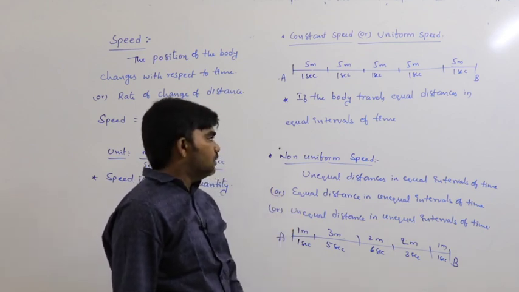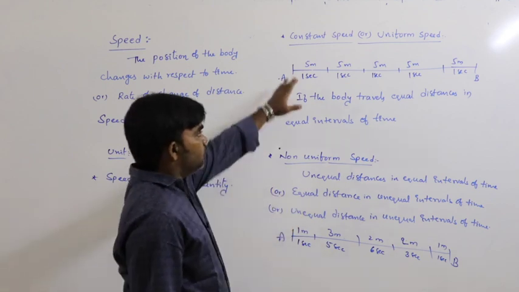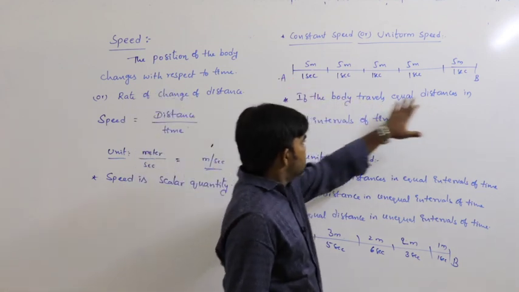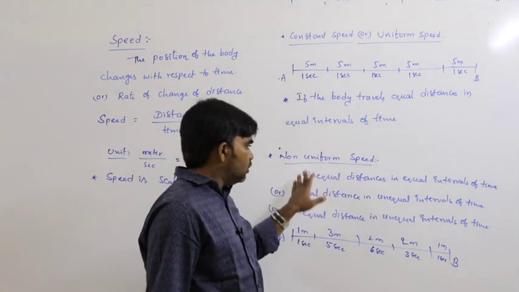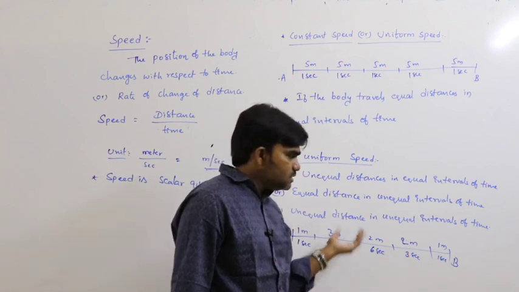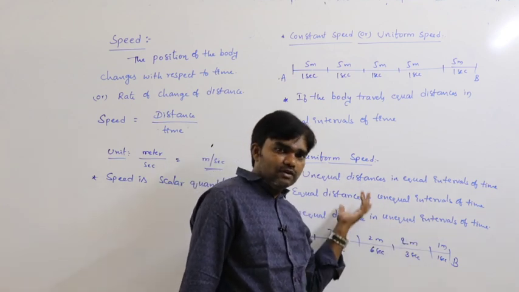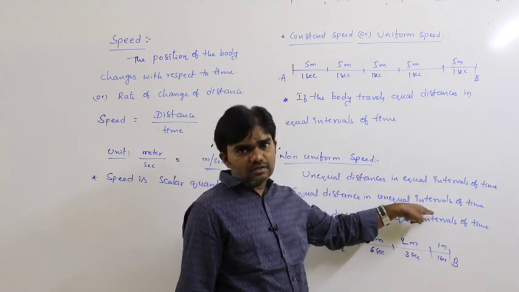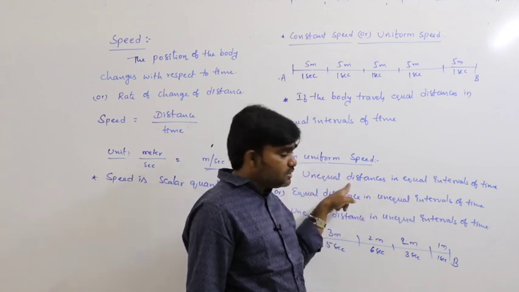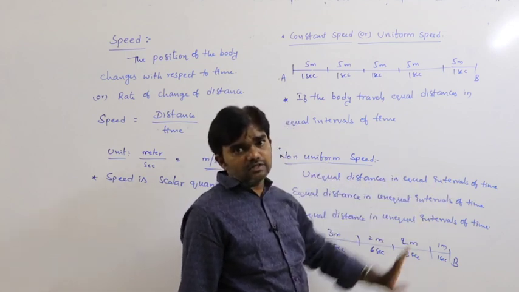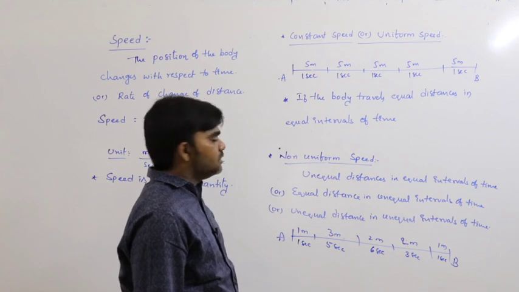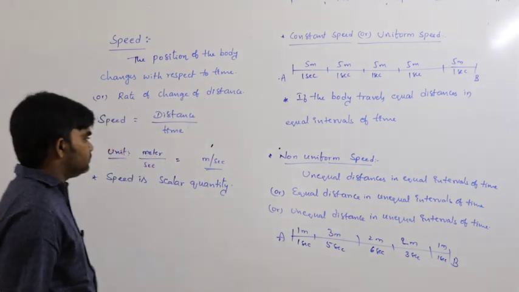This is called non-uniform speed. Uniform means equal distances in equal intervals of time. Non-uniform means unequal distances in unequal intervals, or equal distances in unequal intervals, or unequal distances in equal intervals of time. Anyone is considered as non-uniform speed.